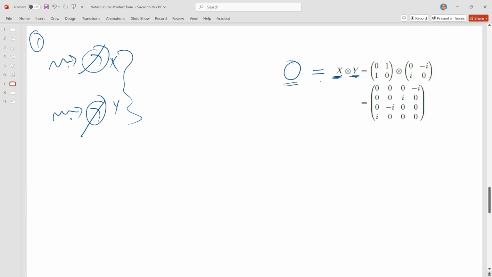So for example, the X operation was performed here and the Y operation was performed here. Then the total operation is the tensor product of two individual gates, where this is the first gate and this is the second gate, and with the tensor product rules, I can write the joint matrix, and I can even convert it into the outer product form. For example, this term corresponds to, sorry, not 00, it corresponds to iota |11><00|.